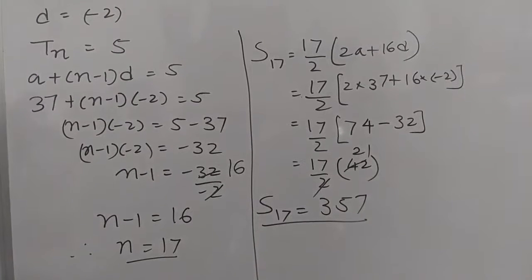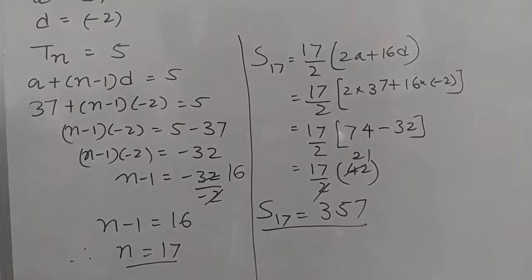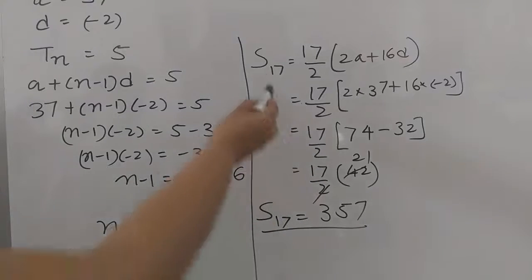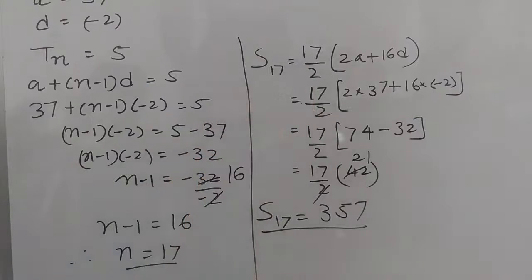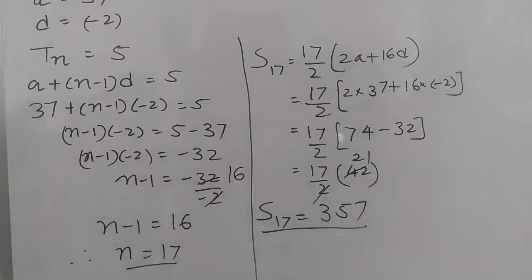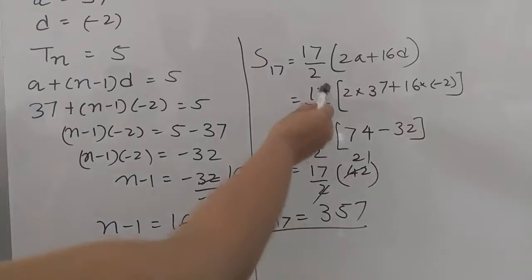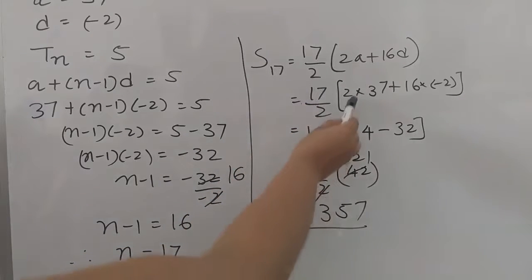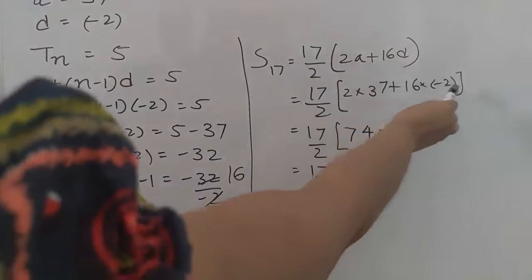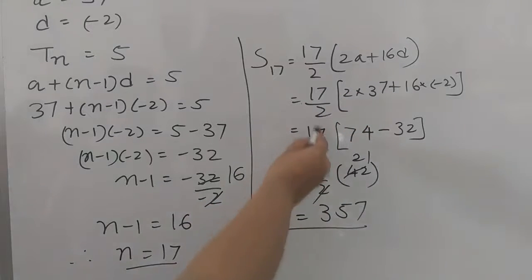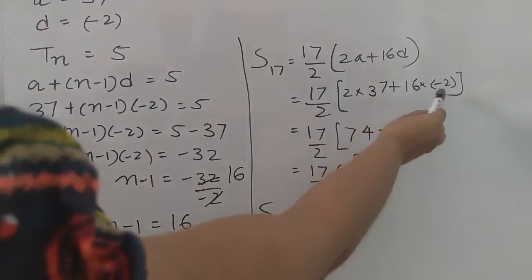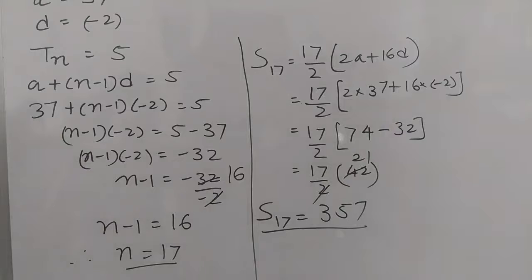Now we have to find the sum of all these plants. So I use the S17 formula: S17 is equal to 17 by 2, (2A plus 16D). Now 17 by 2 as it is, 2 into the A value 37 plus 16 into minus 2. 17 by 2, 37 twos are 74, minus 16 twos are 32.